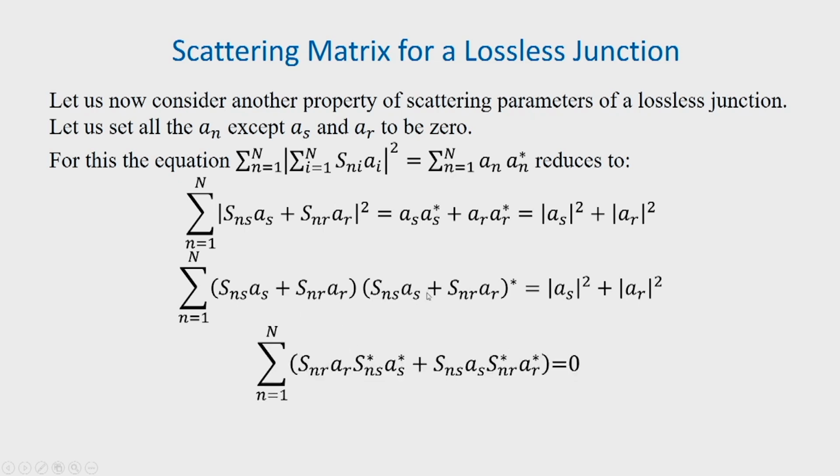from this expression we will get a relation of this form, which is summation of 1 to n, S n R A R S n S conjugate A S conjugate plus S n S A S S n R conjugate A R conjugate, is equal to 0.